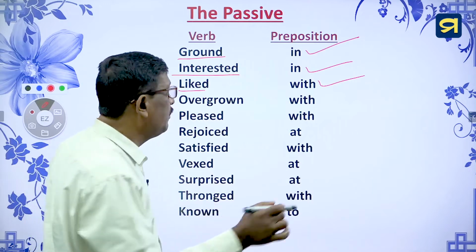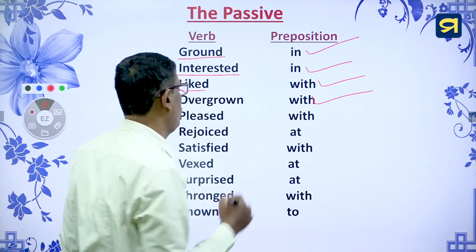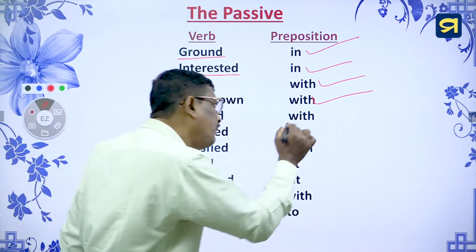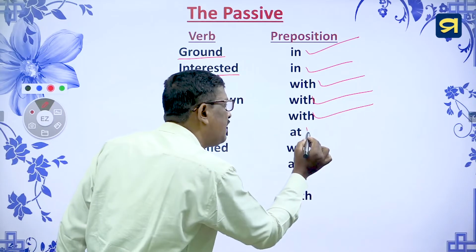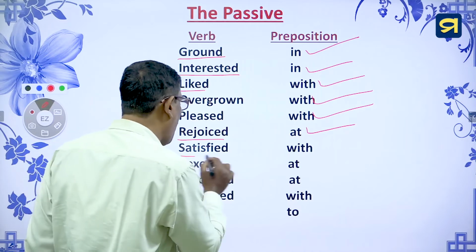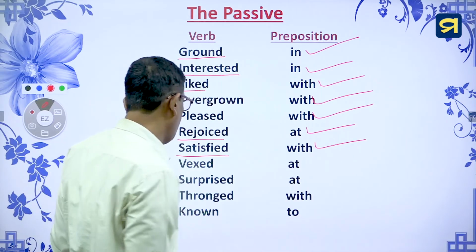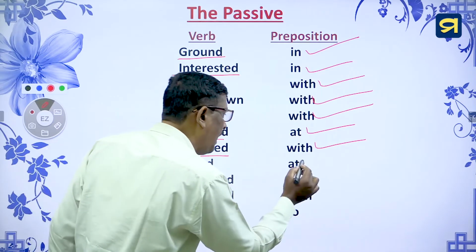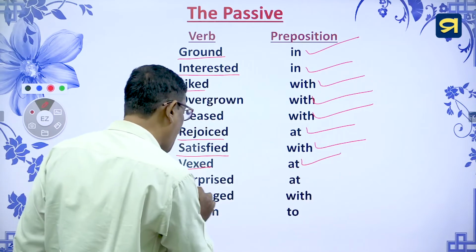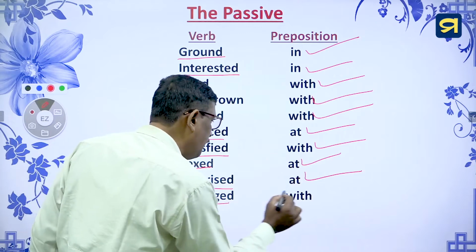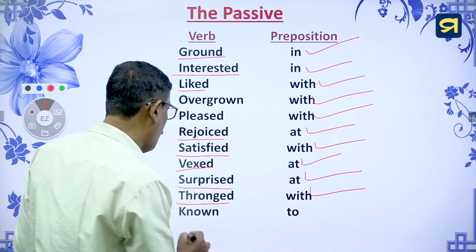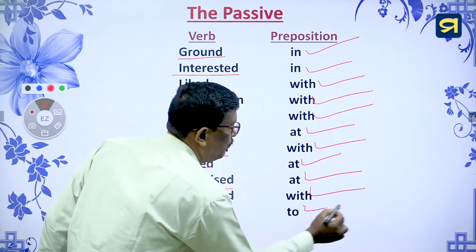For overgrown, similarly with is used. For pleased, with is used. Okay, for rejoiced, at is used. For satisfied, with is used. For vexed, at is used. For surprised, at is used. For thronged, with is used. For known, to is used.